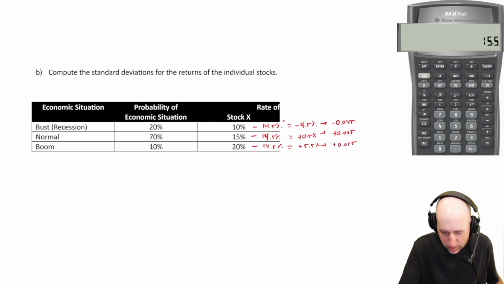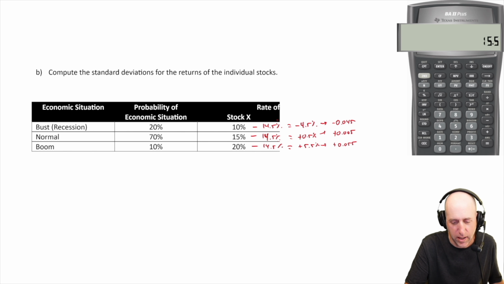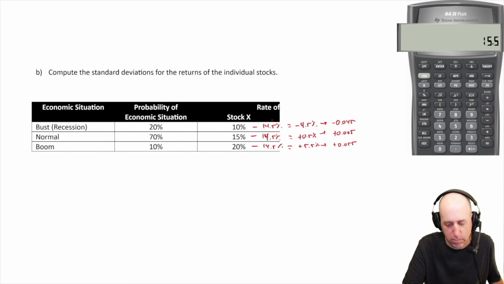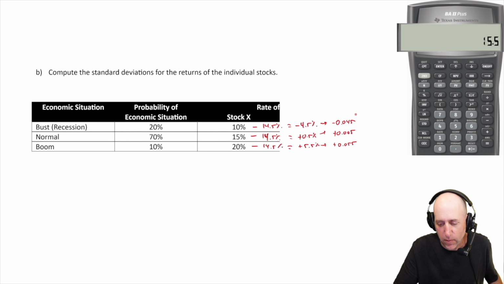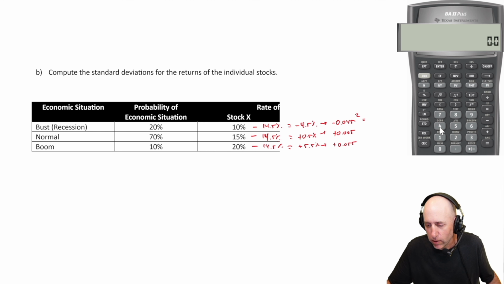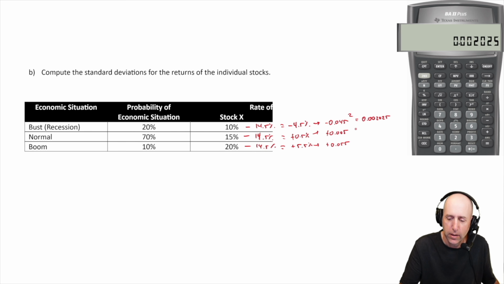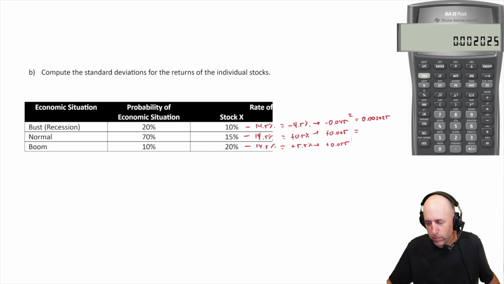So we took the difference between our projected return on stock X and the average return, and we got a difference of 4.5%. Now we square those differences. So negative 0.045 squared, and we're going to get very small numbers here, is 0.002025. This is going to be an even smaller number: 0.005 squared.